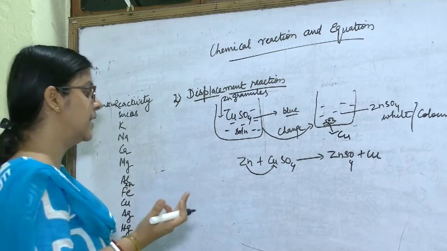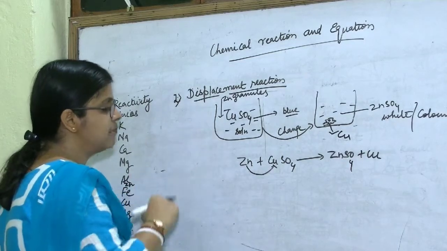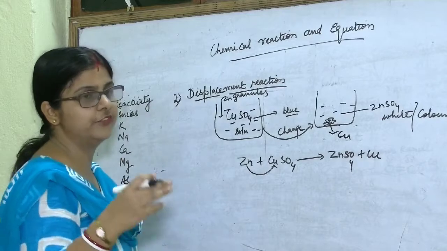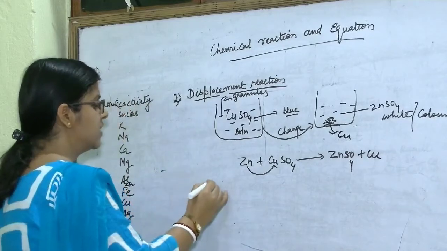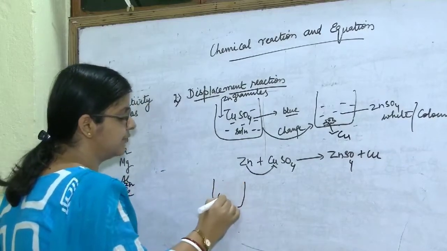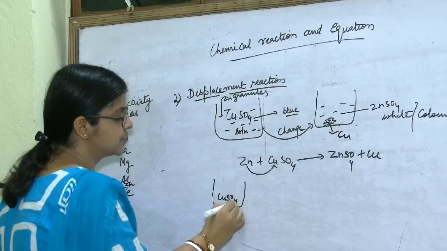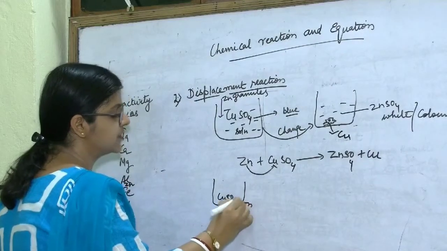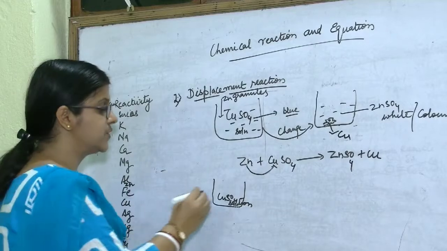Again, you can take up another example, or this example also you can take up with some other metal. Suppose we are taking this copper sulfate solution. What is the color of this copper sulfate? It is blue color.